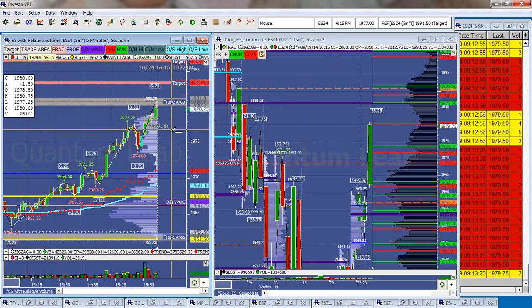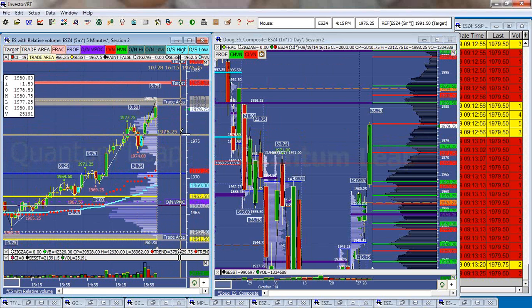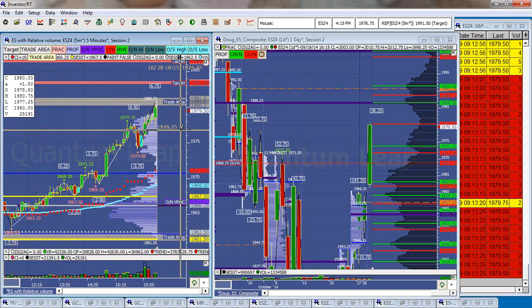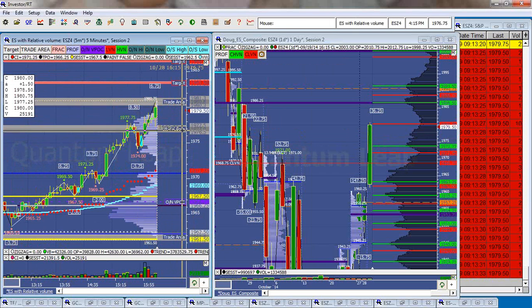So that basically encompasses that range. And then below that, I'd be looking for a move down to test the closing swing low down here at 74. It's really 73.75, but I'm going to front run it because that's the closing swing low.